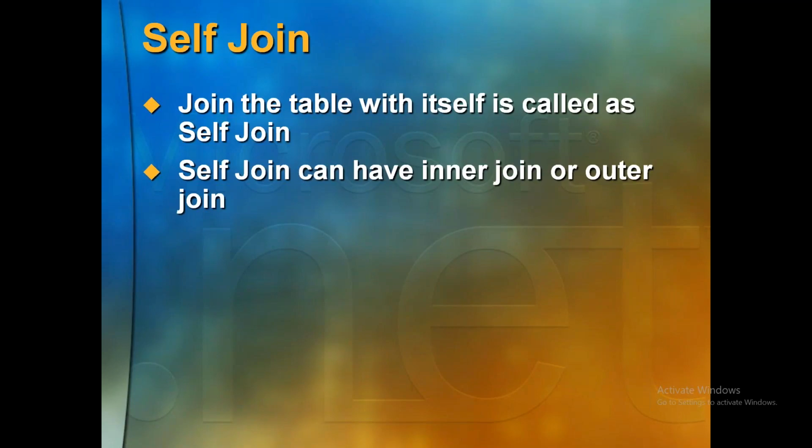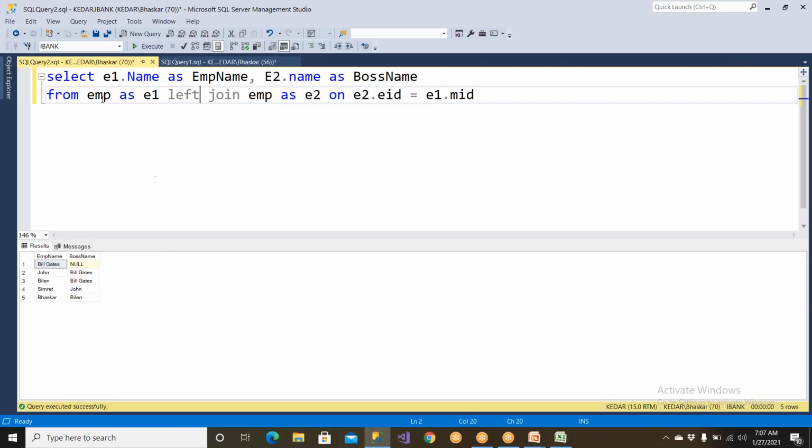Am I clear, guys? So self join means joining the same table with itself. If you wanted to apply inner or outer, that is your choice. And this is one best example where we can get the data like this. Clear?